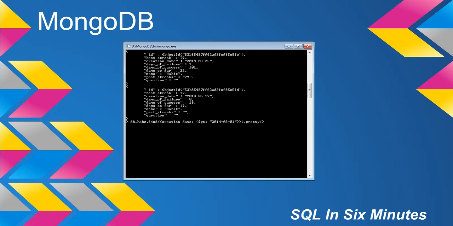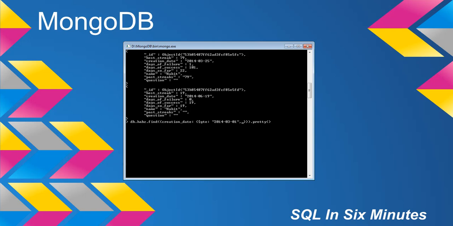A string, right? So, sorry, that's not on or after. On or after would be greater than or equal to, okay? So we're looking at whether it's greater than or equal to, on or after March 1st, okay? But we want to make sure that we don't look at anything beyond April 1st, right?